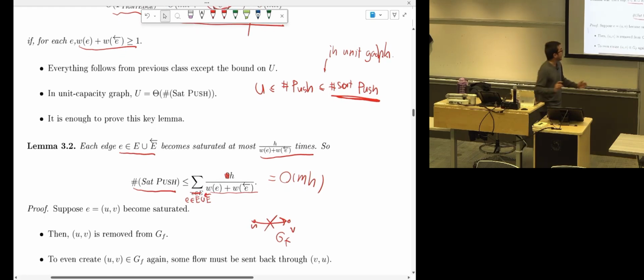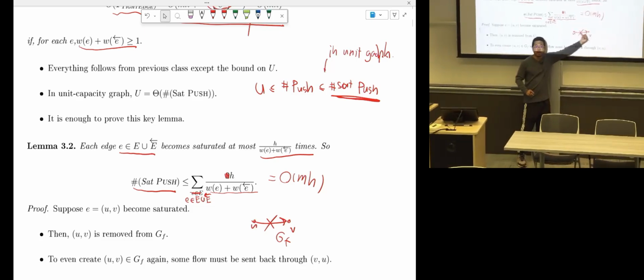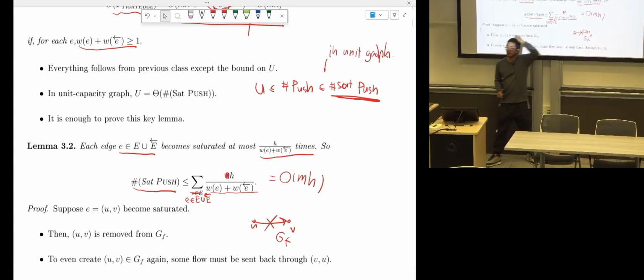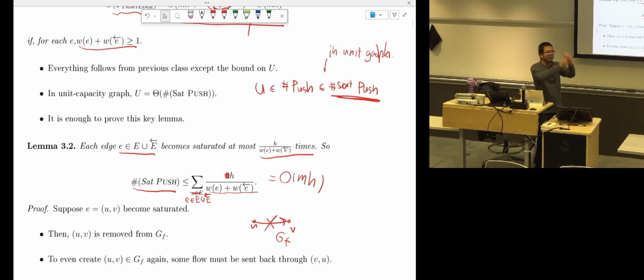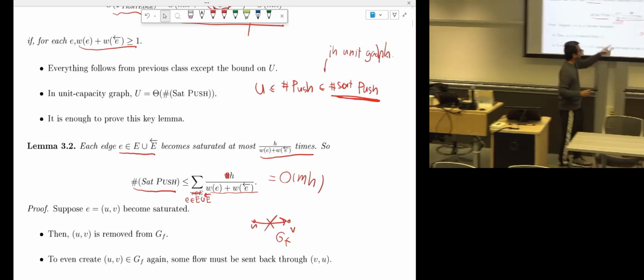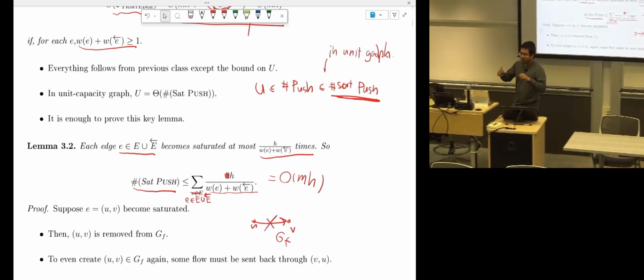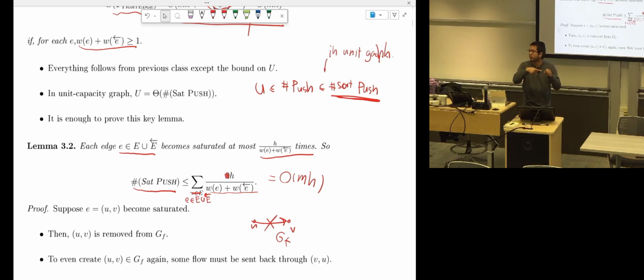And to even create this edge again, we need to send flow back to U. Only when we send flow back to U do you recreate the edge UV. But how can we send the flow back to U? It means that the edge from V to U needs to be active.